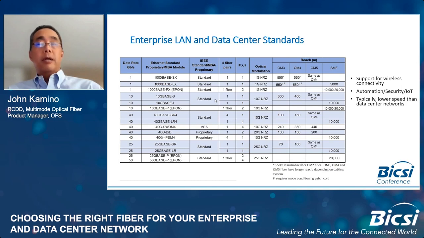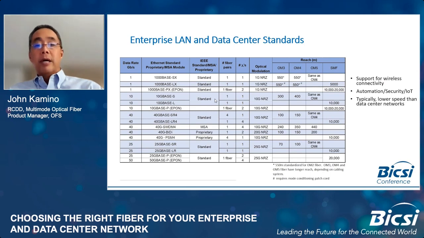One note in the IEEE designation, the S in the 1000BASE-SX typically implies short reach. The L in LX implies long reach, and the P is passive optical LAN. If you look, you can see that gigabit Ethernet was supported out to at least 550 meter link lengths for OM3 and OM4.